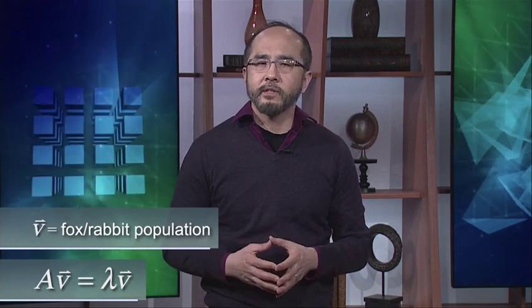If we have a special vector v, for which Av equals lambda v, then v is an eigenvector, and its components represent fox and rabbit populations, which, after each successive time step, remain in the same relative proportion to each other. All that happens is that both populations get multiplied by the same factor lambda.